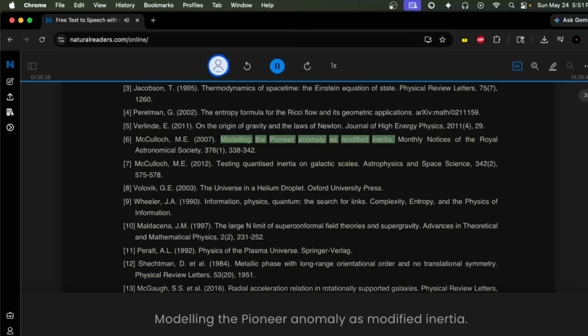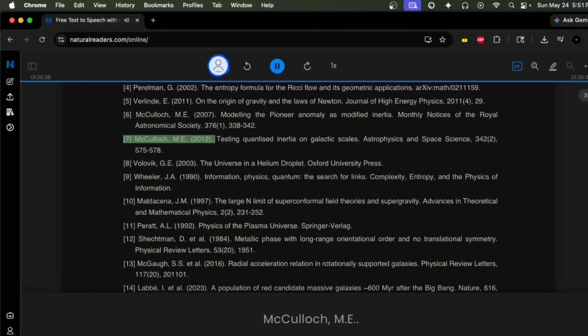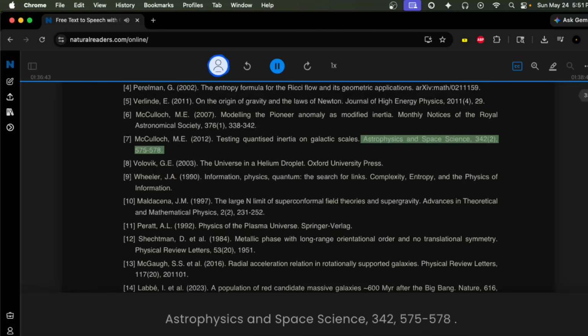McCulloch, M.E. Modeling the Pioneer Anomaly as Modified Inertia. Monthly Notices of the Royal Astronomical Society, 376, 338-342. McCulloch, M.E. Testing Quantized Inertia on Galactic Scales. Astrophysics and Space Science, 342, 575-578.